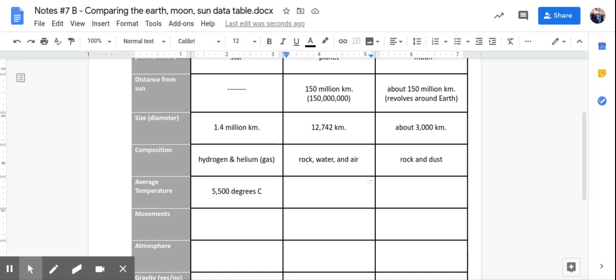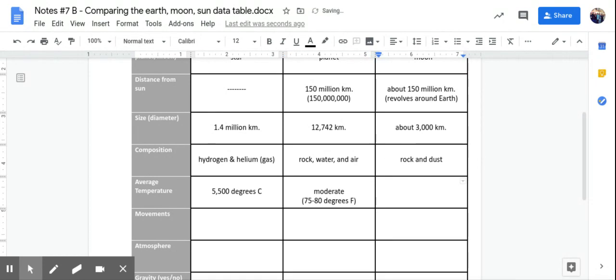Well, I don't have a calculator at the moment, so we'll stick with 5,500 degrees Celsius for now. The temperature on the Earth, I'm not going to worry about the conversions right now. That's going to be moderate, which is anywhere from 75 to 80 degrees Fahrenheit.